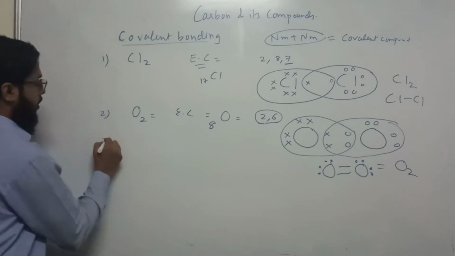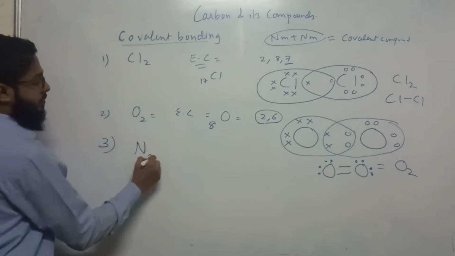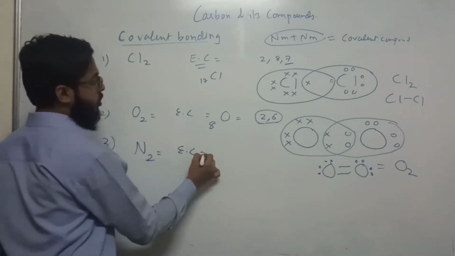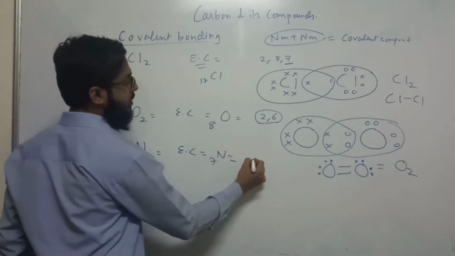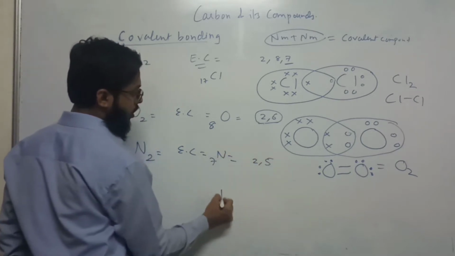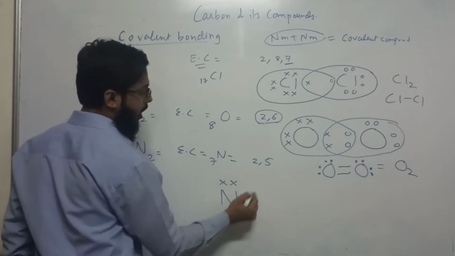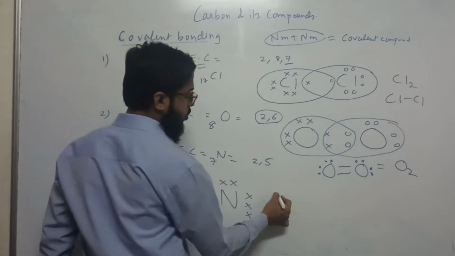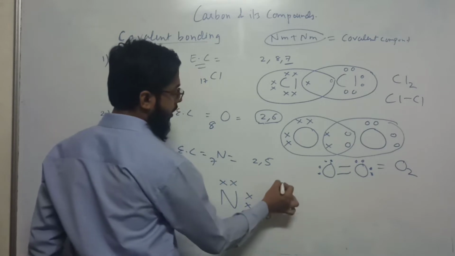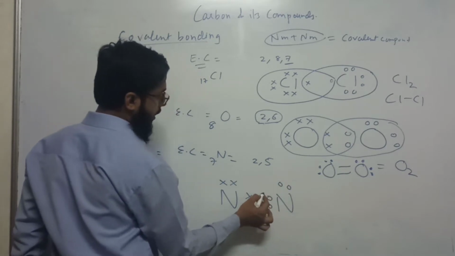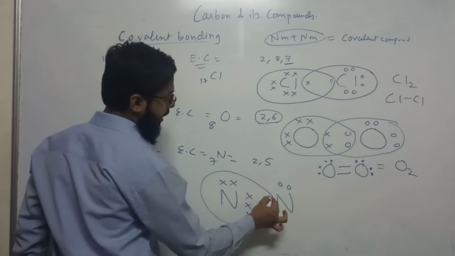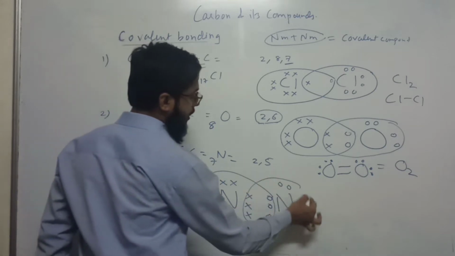Okay, now let's talk about nitrogen. The electronic configuration of nitrogen is 2, 5, with atomic number 7. So nitrogen has 5 electrons in the outermost shell. How many does it require? 3. So it combines with another nitrogen, and you can see 8 electrons in this way and 8 electrons in this way.